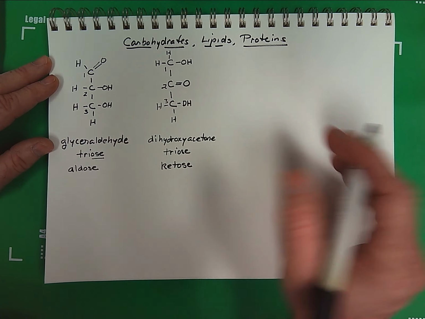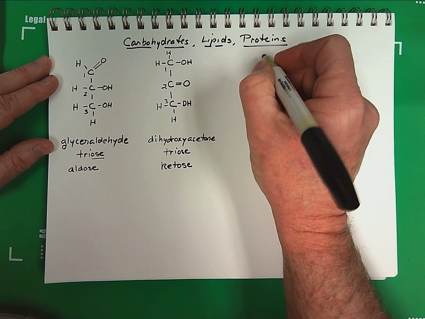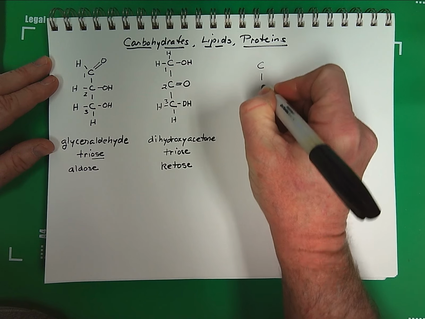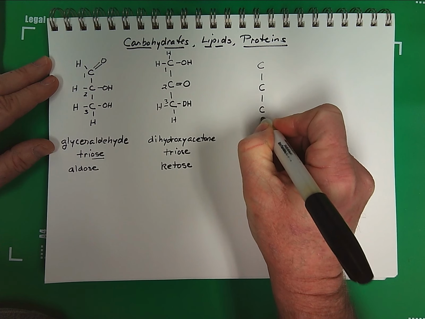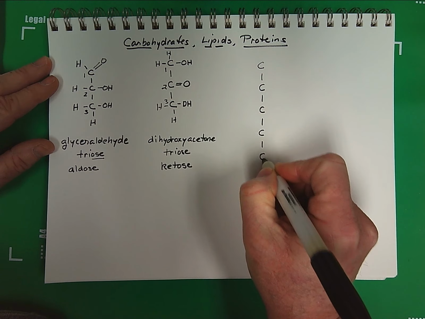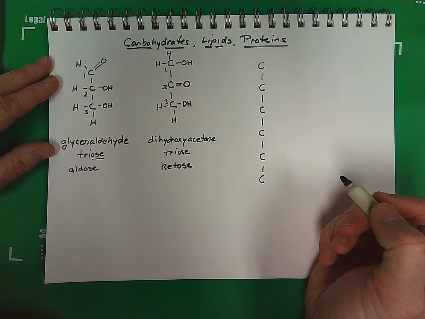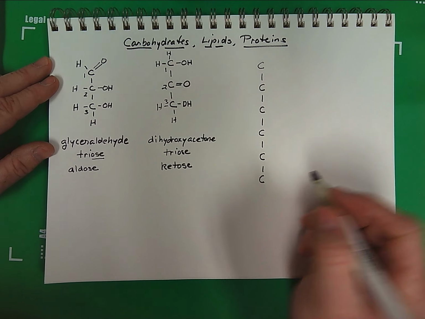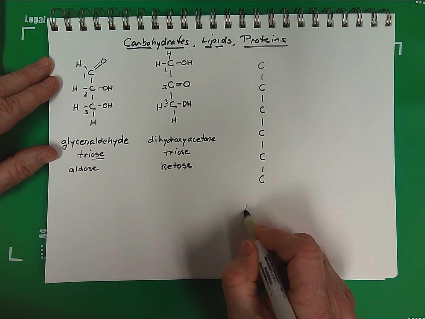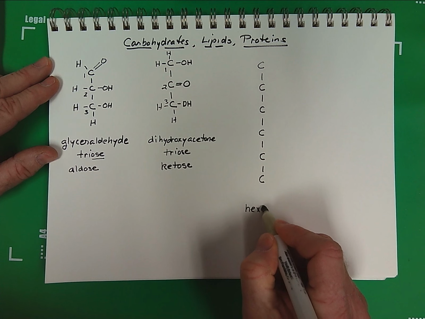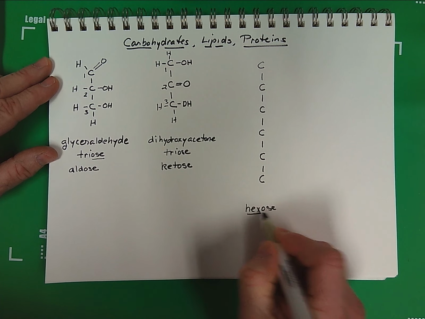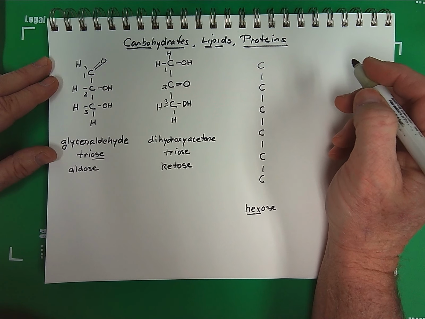Now, if we expand our nomenclature into more complex carbohydrates, let's say, for example, the 6-carbon backbone that we will be studying quite often. This 6-carbon backbone is a hexose. Hexose meaning 6 carbons.